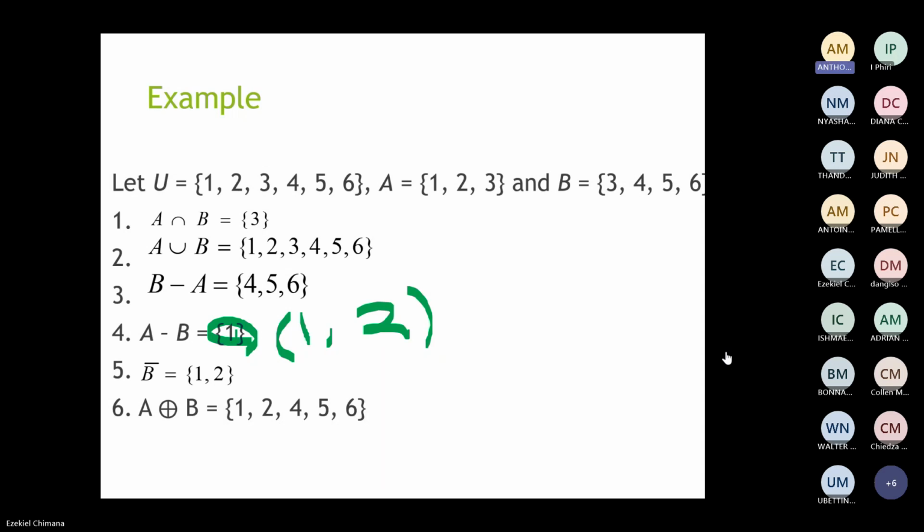It's 1, 2, 4, 5, and 6. Why 1, 2, 4, 5, and 6?